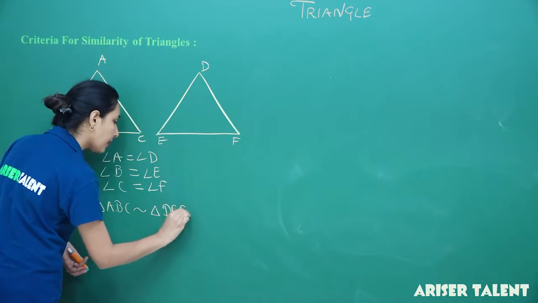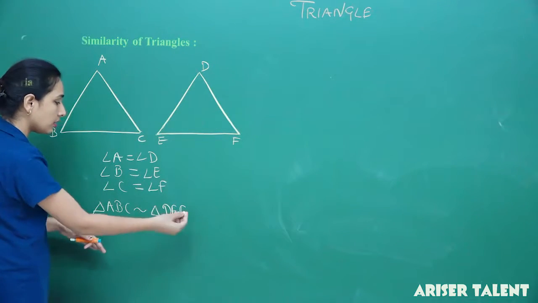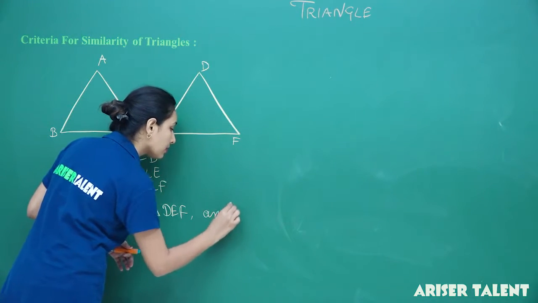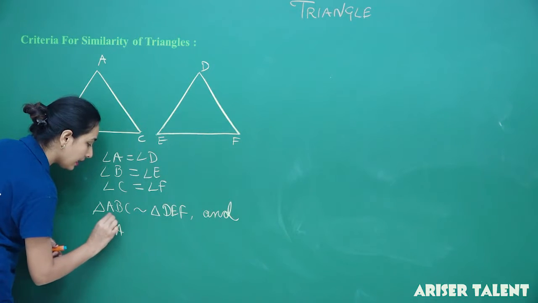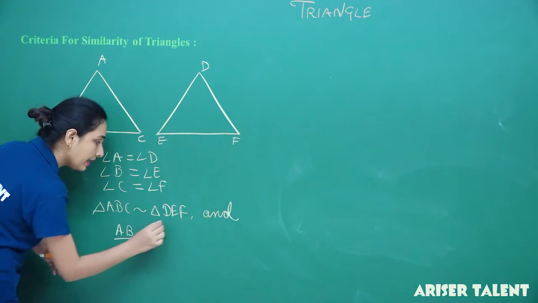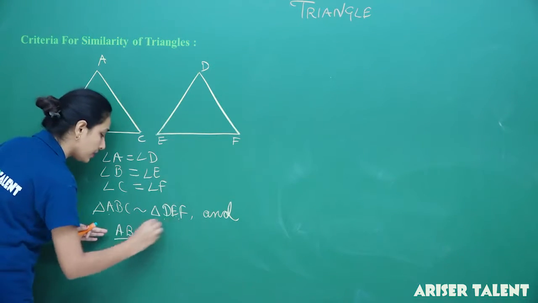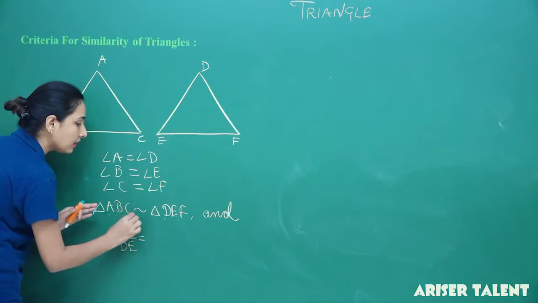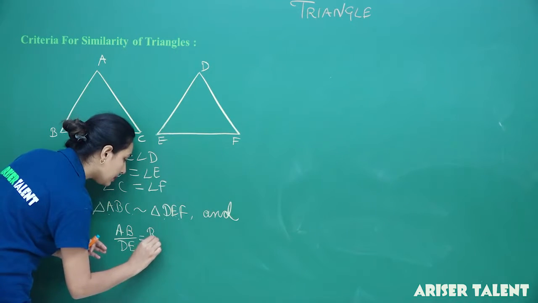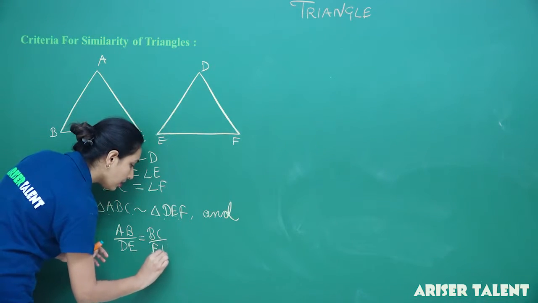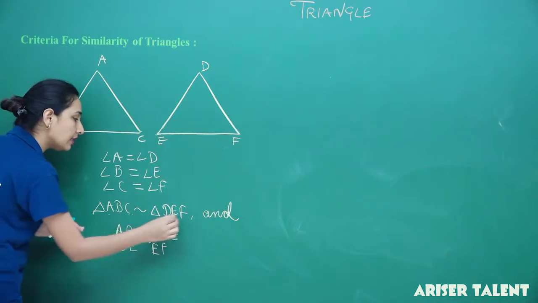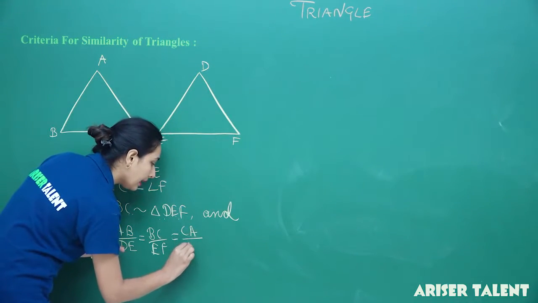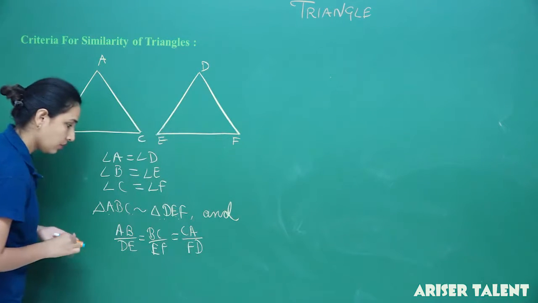Now students, if these triangles are similar, then AB by DE, the first two here and the first two here, will be equal to BC by EF, the second and third, and CA by FD, the third and first.